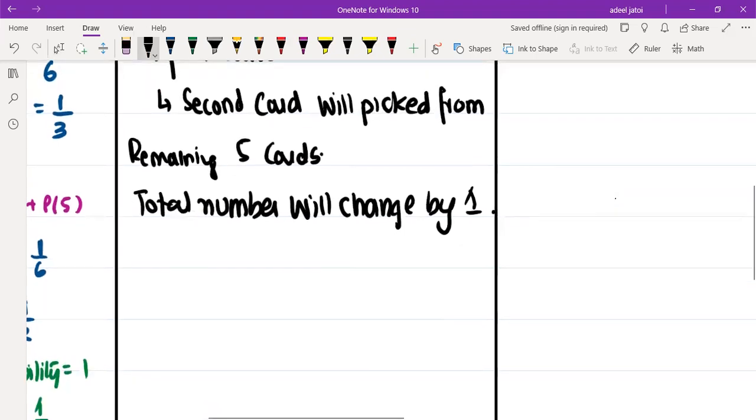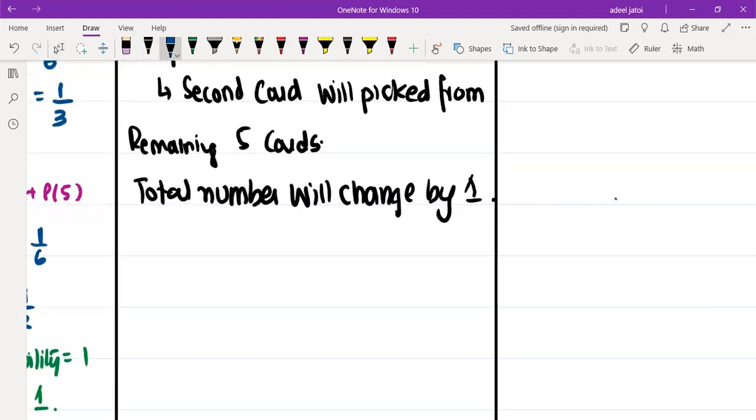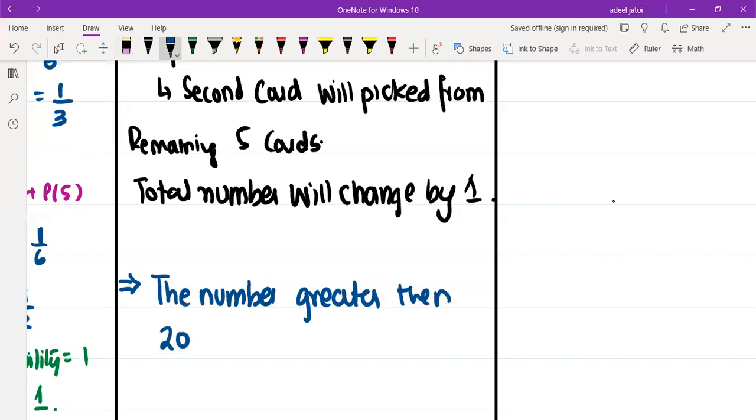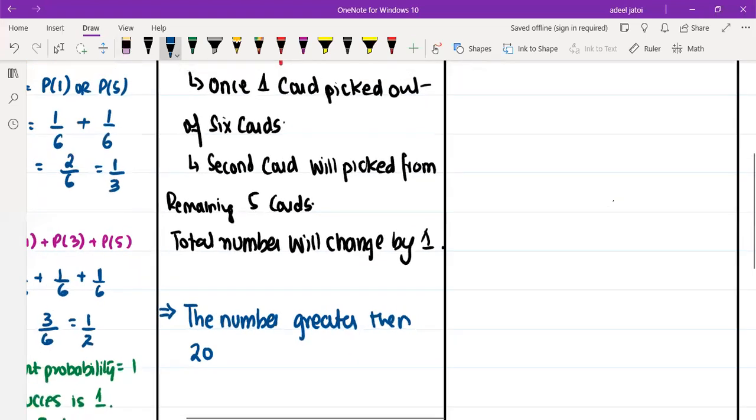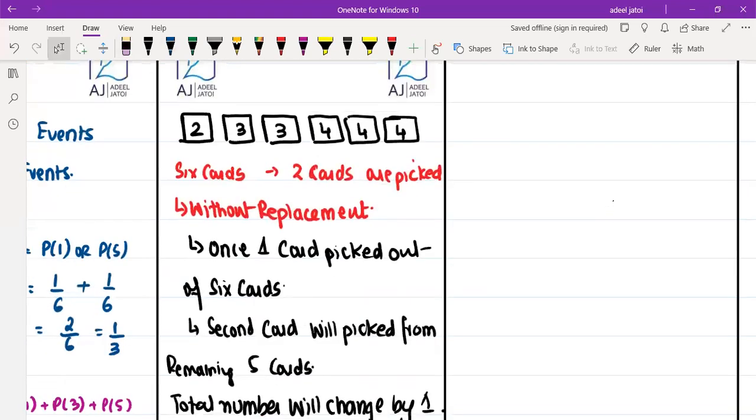So what was more important here was that the question says directly find, or the question will say, the number greater than 20.